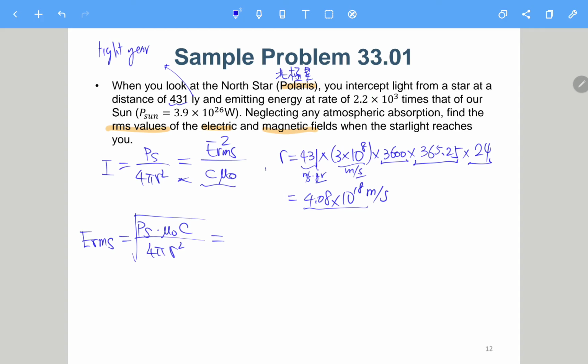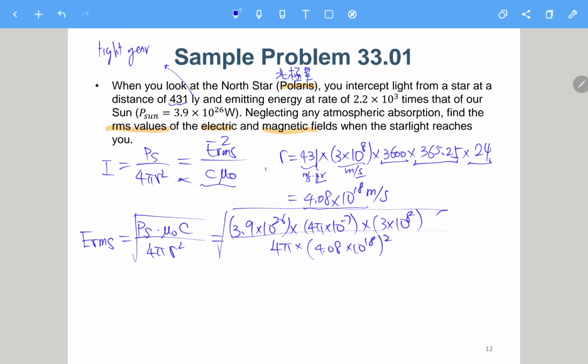Here we have 3.9 times 10 to the 26 power, times mu 0, which is 4 pi times 10 to the negative 7, times the speed of light, 3 times 10 to the 8th, all over 4 pi times this number, 4.08 times 10 to the 18 squared, and then take the square root of the whole thing.